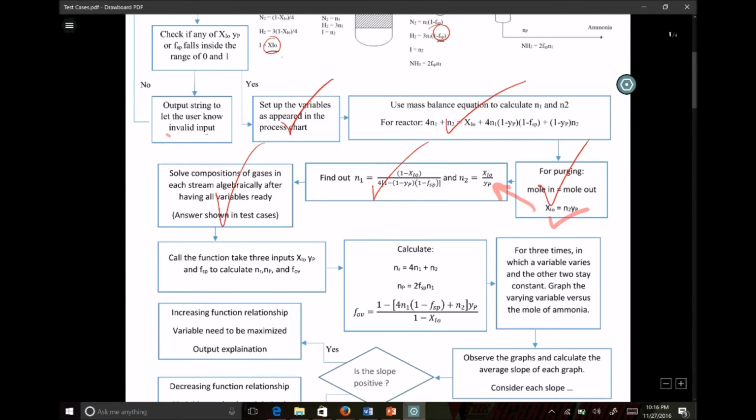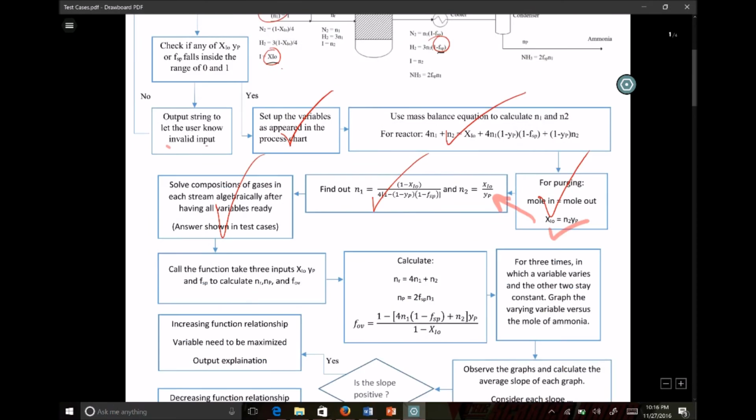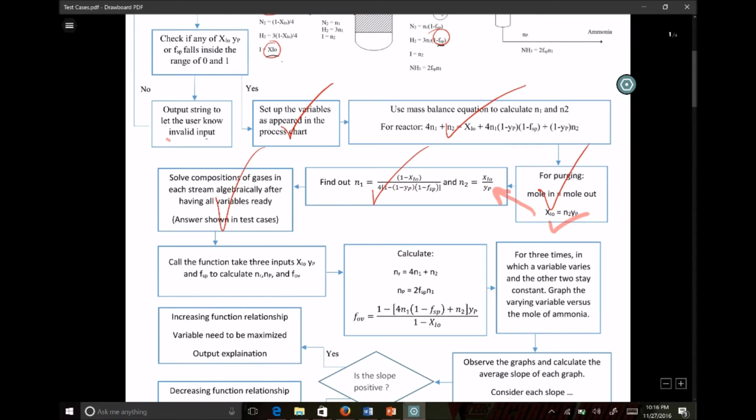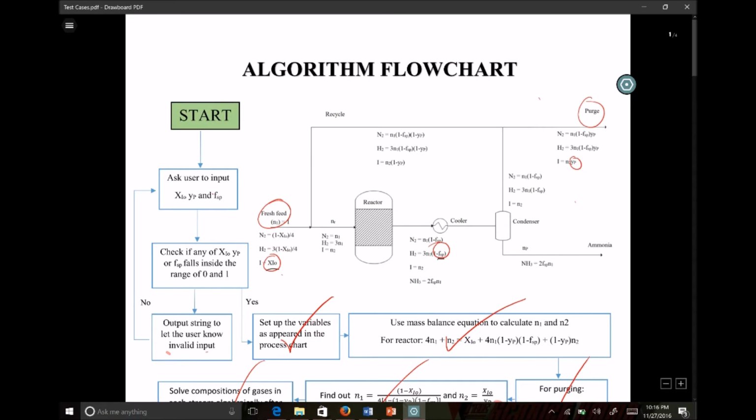And then we come back. You call a function that takes three inputs, these things, to calculate these. I'm going to show you right now after pulling up MATLAB.